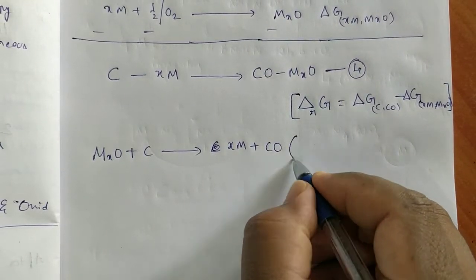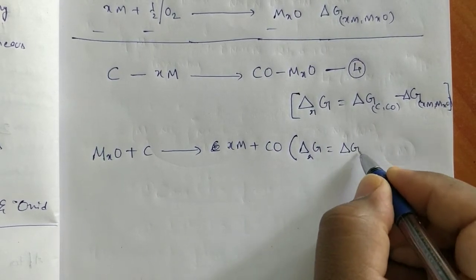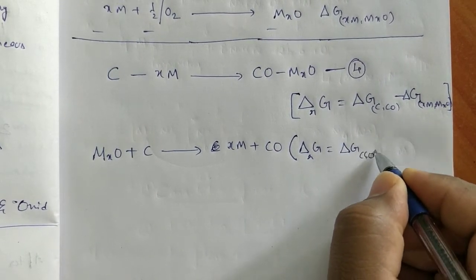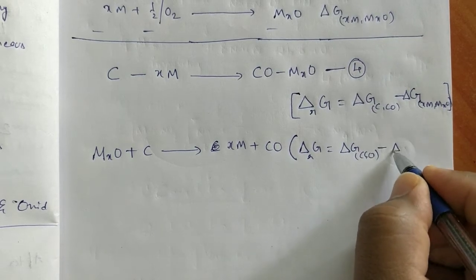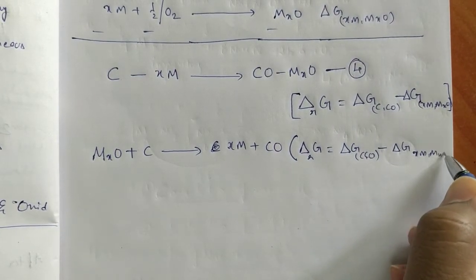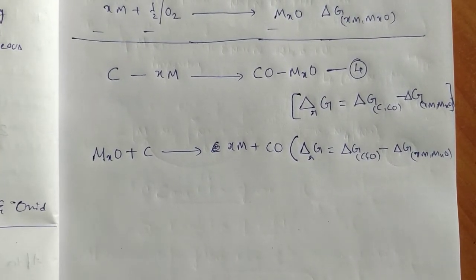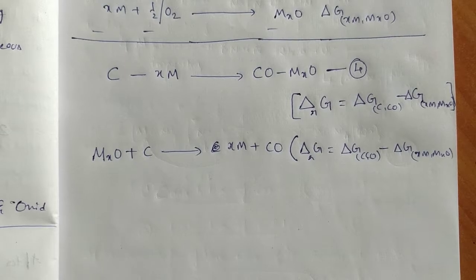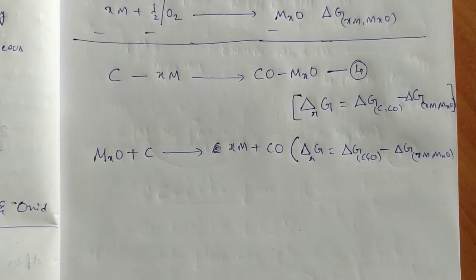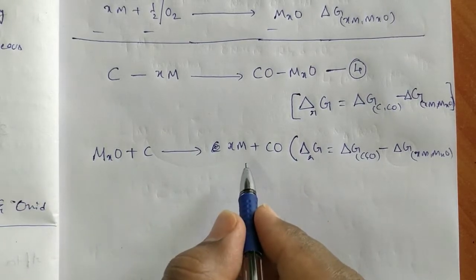For this overall reaction, delta G is equal to delta G of C comma CO minus delta G of XM comma MXO. This is the overall reaction we got.